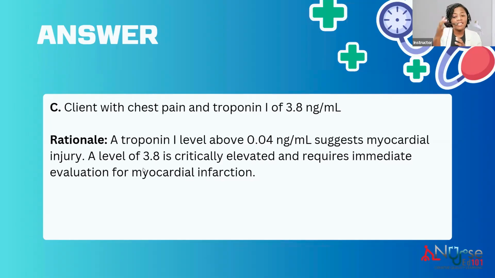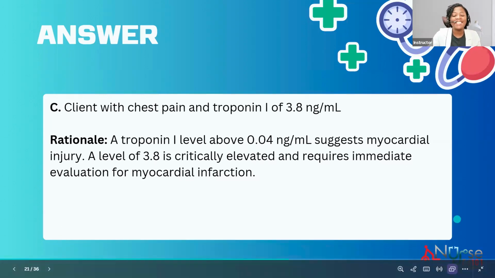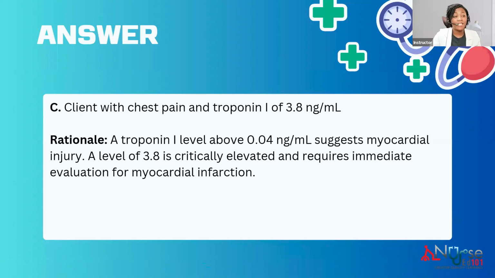Does anybody know the EKG rhythm? If we saw this particular rhythm, that would also indicate the patient is having a myocardial infarction. What's the EKG finding that confirms a possible MI here?